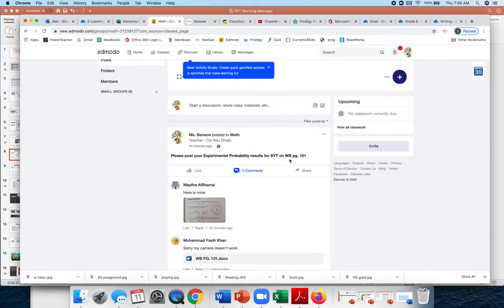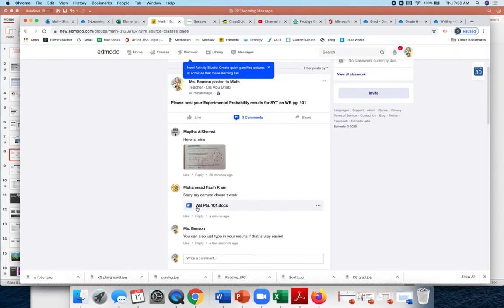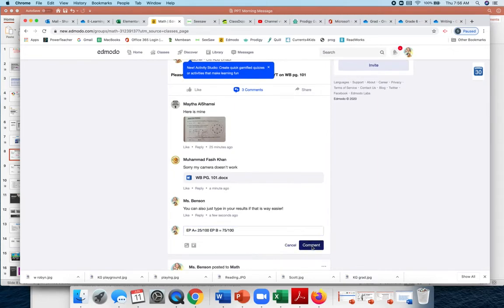So I'd like you to do that, and then post, even if you just post, like you could do EP for A, for example, equals, I don't know, 25 over 100, and then EP for B equals 75 over 100. I'm just going to say that that's what I got. It's not what I got, but write in what you got. I'm super curious.